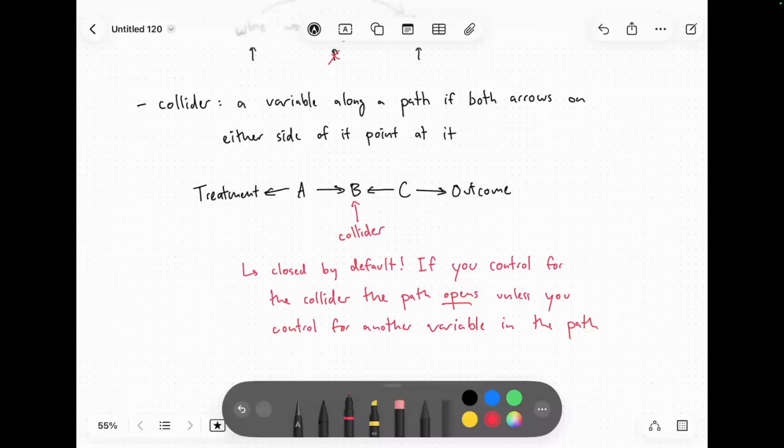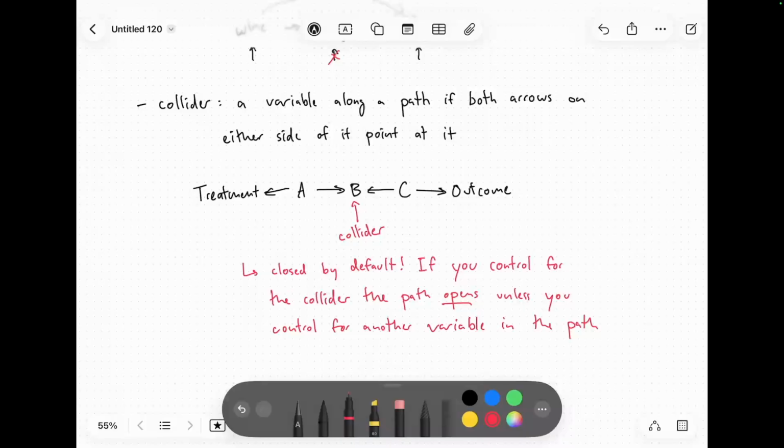Yeah? Is it possible to have arrows pointing away from your outcome? Yes, but we would generally consider that to be a bad path, in which case it's irrelevant unless it's influencing something else.